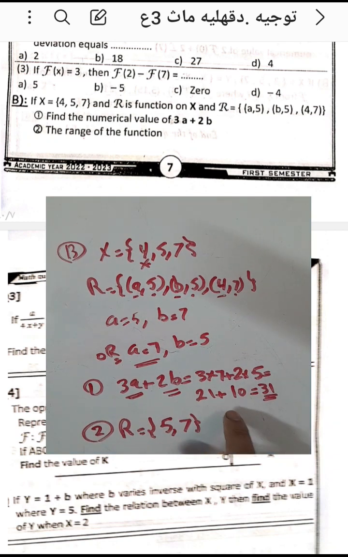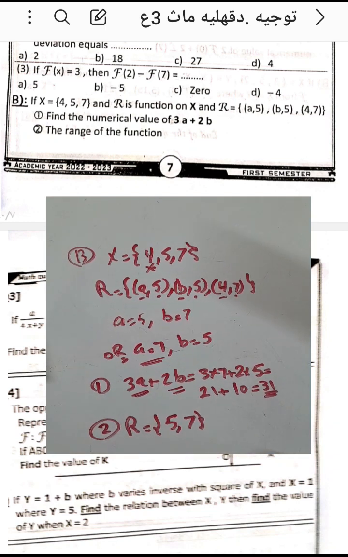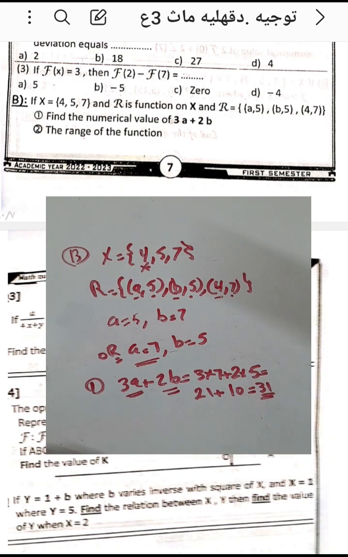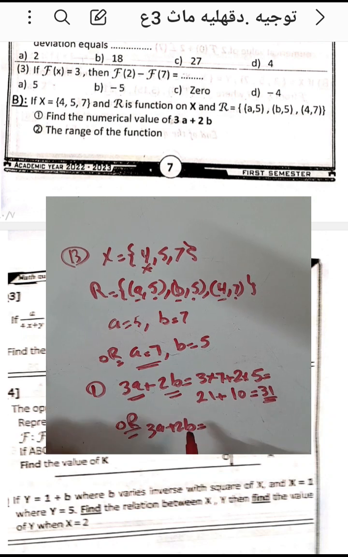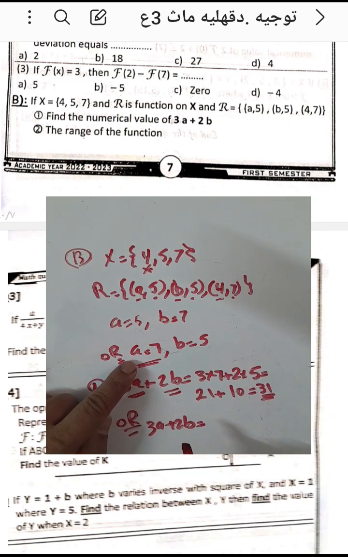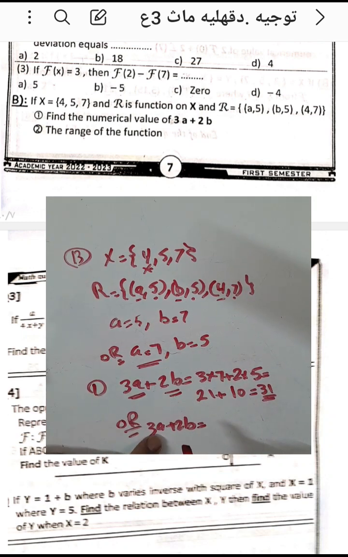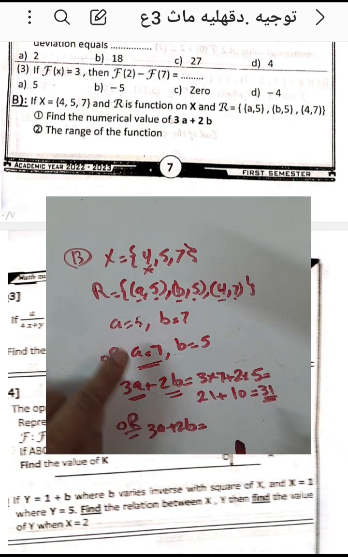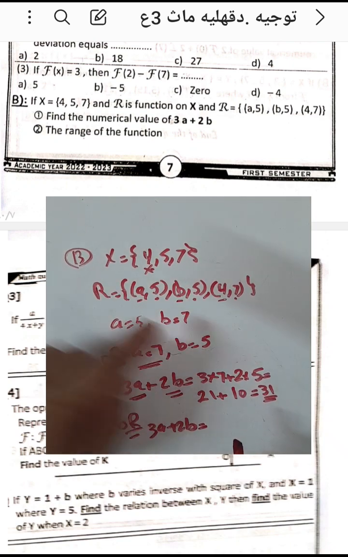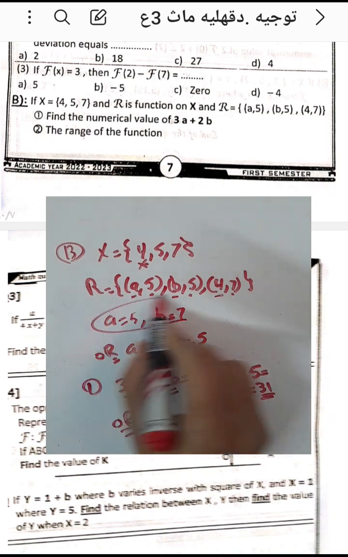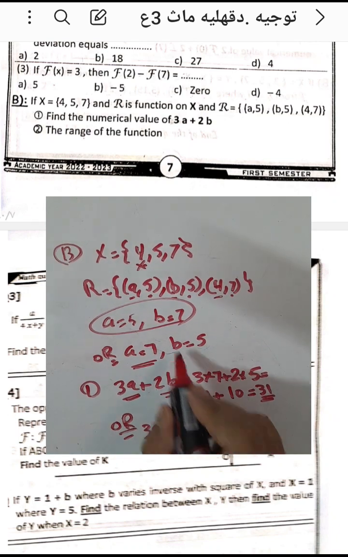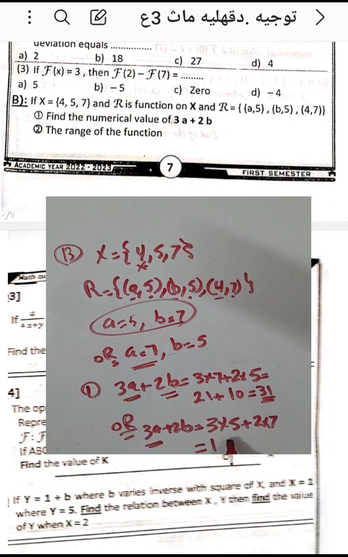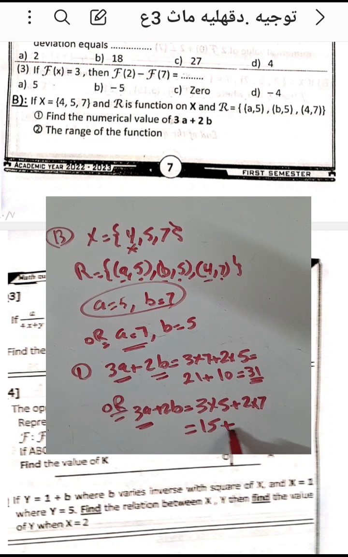It's the first solution. Okay, and the second solution about question number 1: 3a plus 2b. Put a equal 7 and b equal 5, or put a equal 5 and b equal 7. Then 3a will be 3 times 5, plus 2 times b, 2 times 7. 3 times 5 is 15, plus 2 times 7 equals 14.